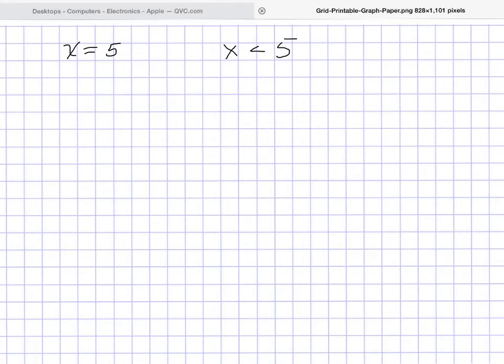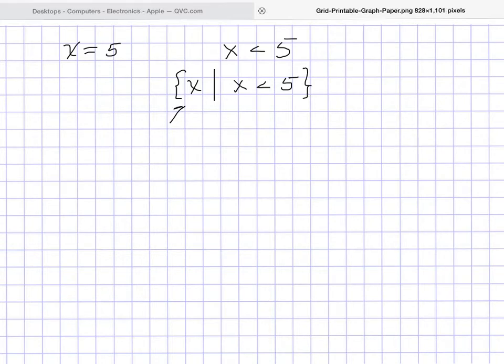Well, we have a certain way of writing it in mathematics, that's called set builder notation, and it looks something like this. It has the symbol for a set, which is an open bracket, and we say, well, it's the set of all x, and we have a vertical line, and that line is read such that x is less than 5, and we close the set by closing the brackets.